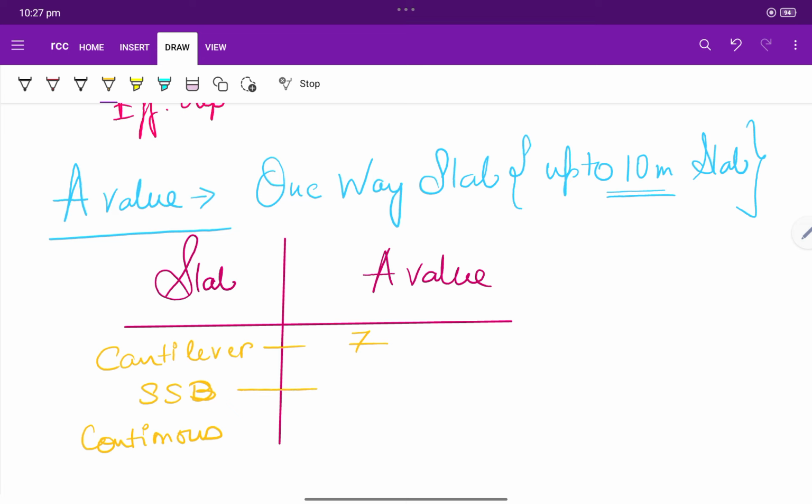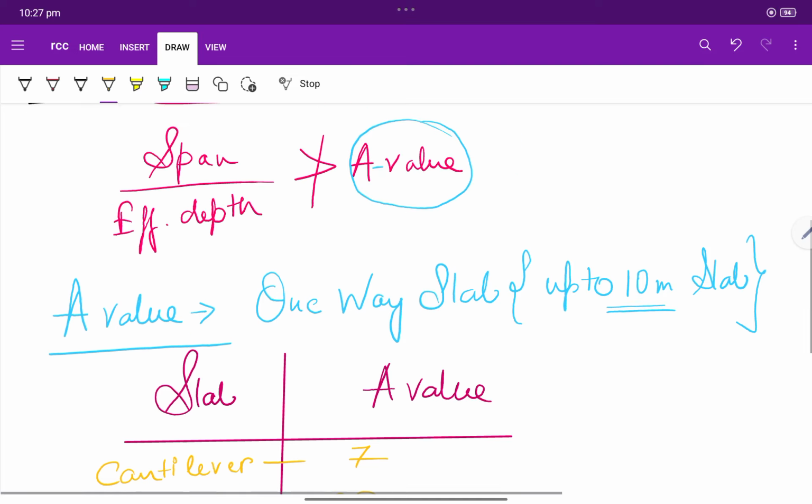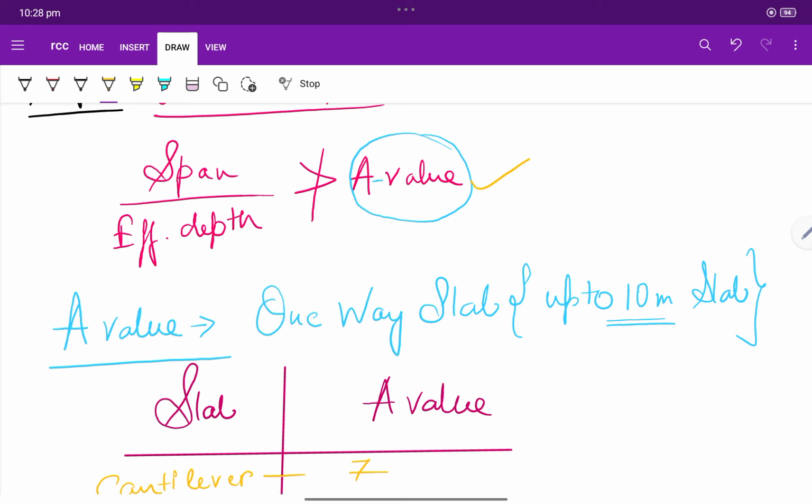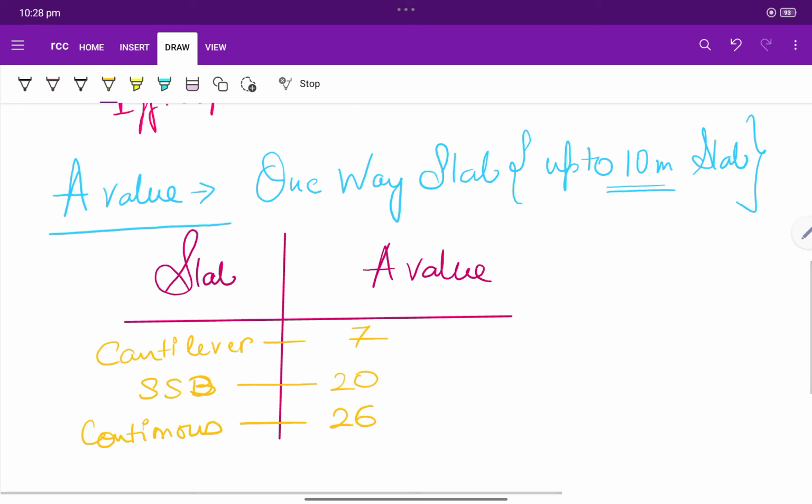For a simply supported beam, the a value is 20, and for a continuous beam, the a value is 26. This a value will be put accordingly from this chart. Everything is as per IS 456; all these values are taken from IS 456.